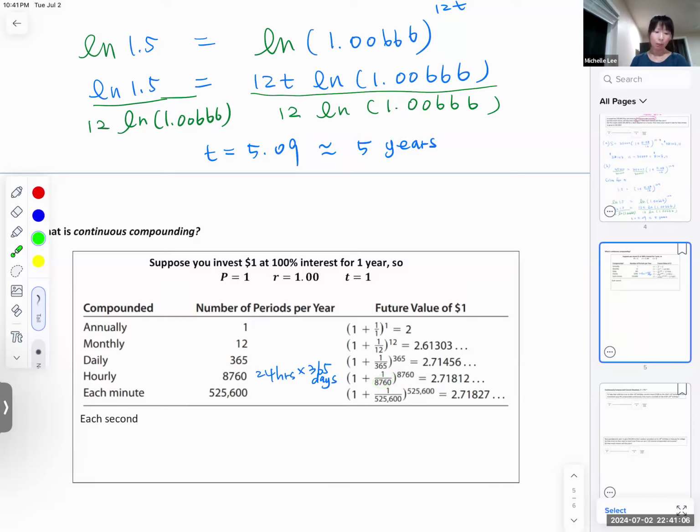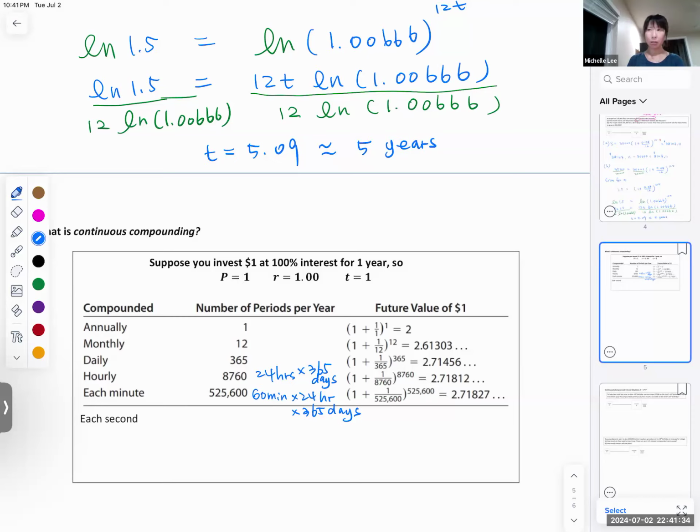Okay, each minute. We have 60 minutes and 24 hours and 365 days, then we get 525,600.